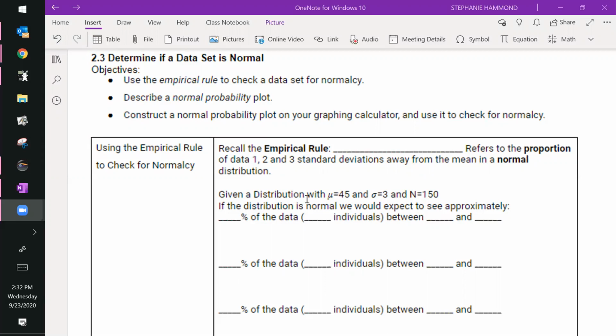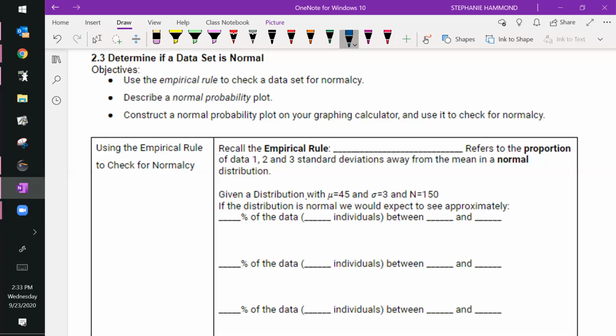In this case, we're going to talk about some more specific ways that we can verify that a data set truly is normal and not just symmetrical some other way. So there's two basic ways that we're going to check it. We're going to use the empirical rule, which we talked about before, and we're going to use something called a normal probability plot or a normal quantile plot.